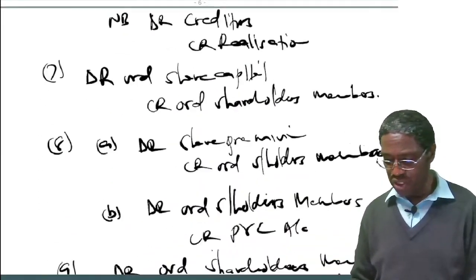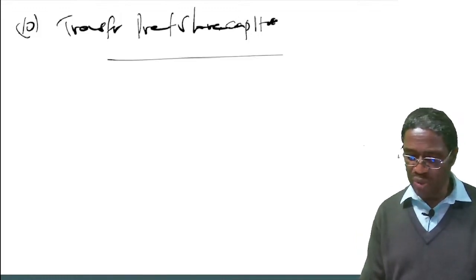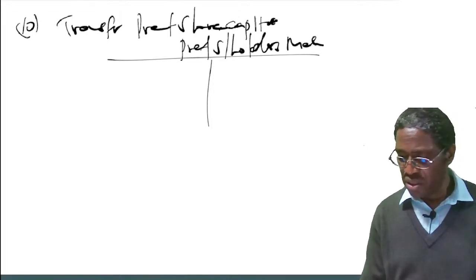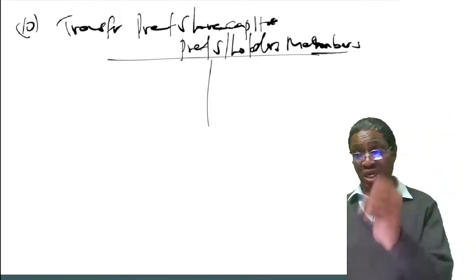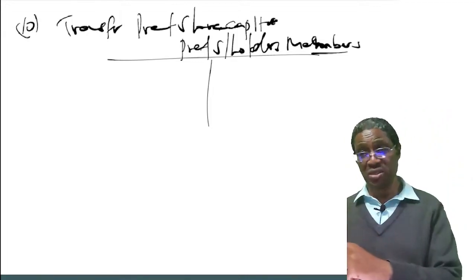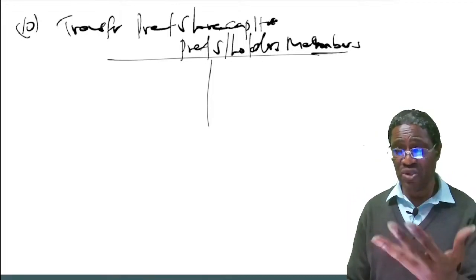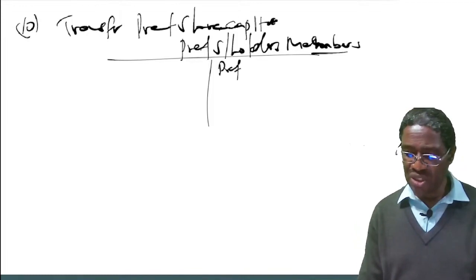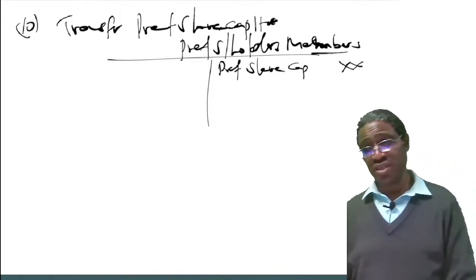It's a liability account where I combine everything that I owe to them into one account so that I don't pay them in piecemeal. One thing I owe my preference shareholders is their preference share capital. So I debit preference share capital to close it, and I credit this account. That's our step number 10.